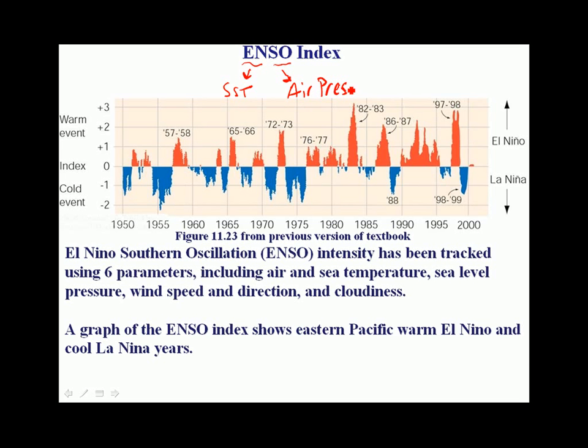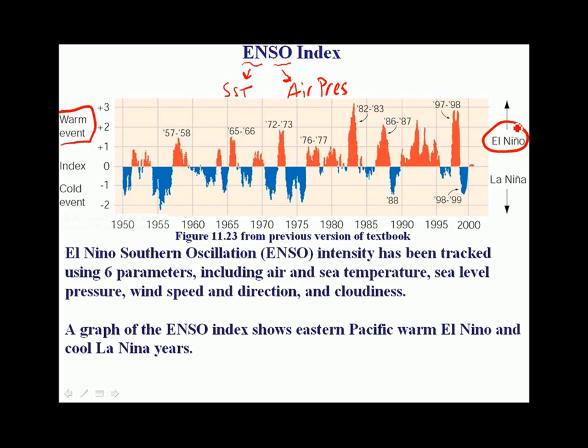The surface winds tend to drag the surface waters along with it, replacing the sea surface waters with cooler waters from below. But there's an index that scientists use, and what they look at during what they term a warm event or an El Nino.